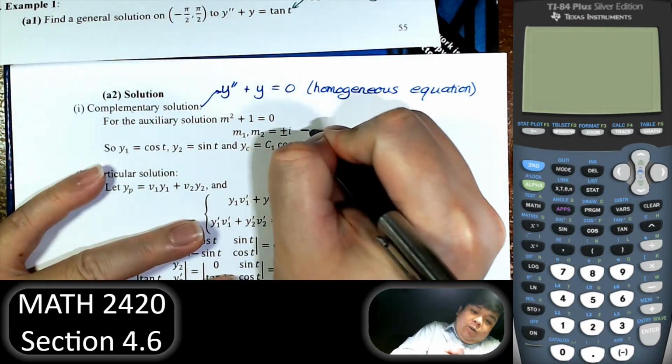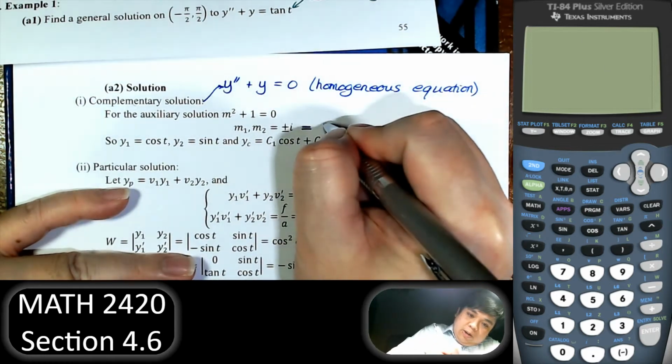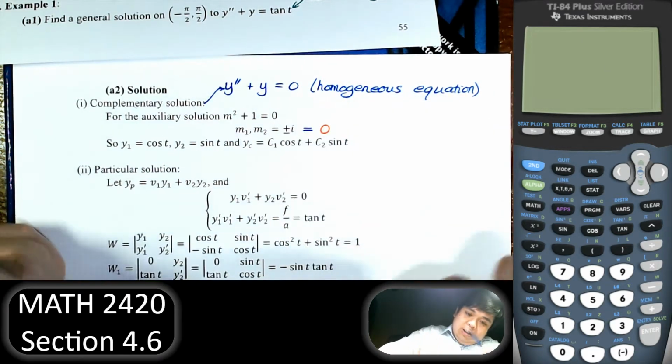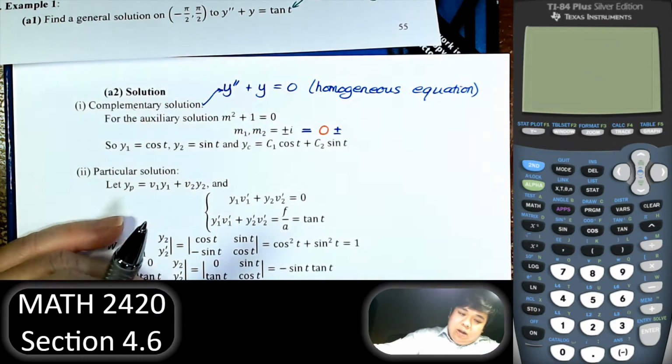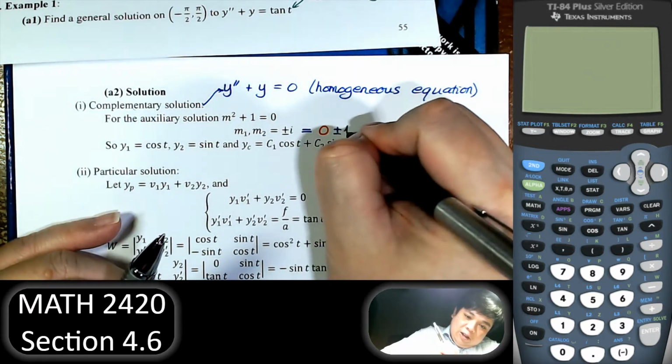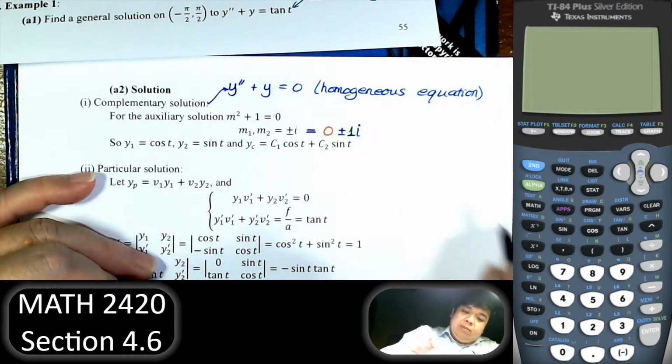Usually, I can write this as 0 plus or minus 1 times i.